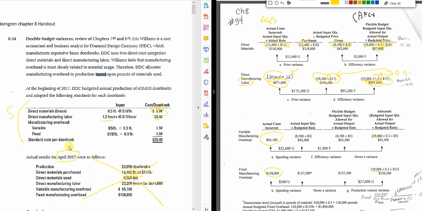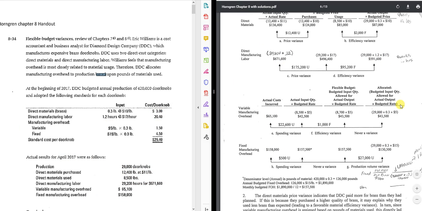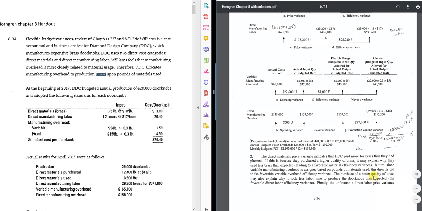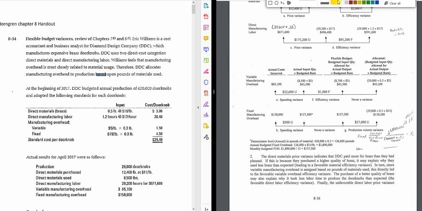Okay, then my variable manufacturing overhead, I'm going to scroll down over here. I'm going to actually clear some of this. So I'll circle these two items. Hopefully you're doing this on your piece of paper. Okay, so I've got this one done, and I have the 29,000 done right there.